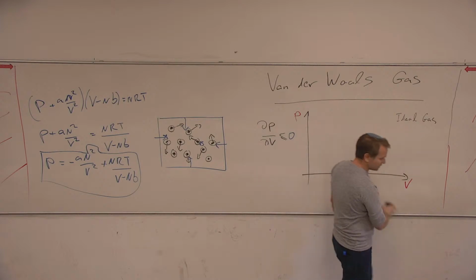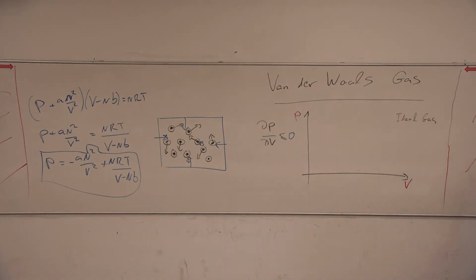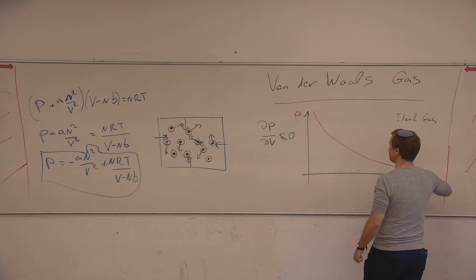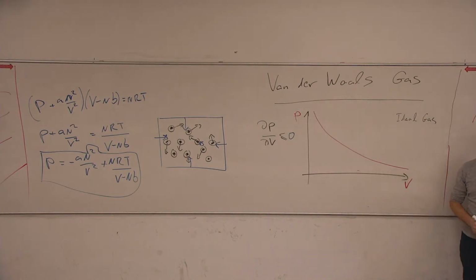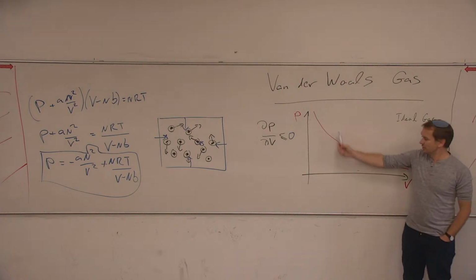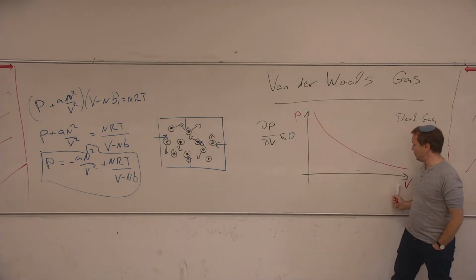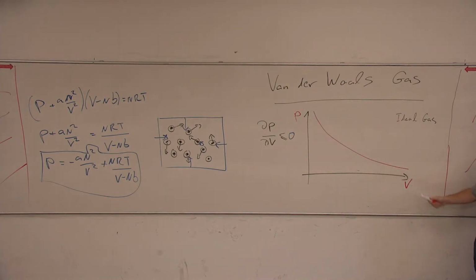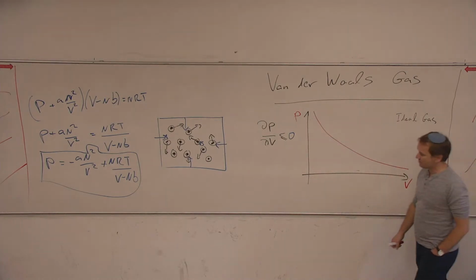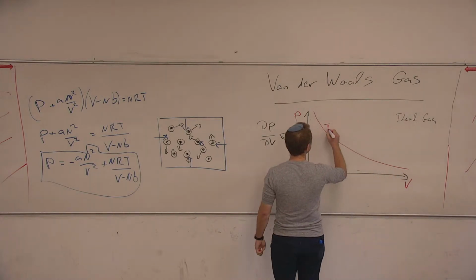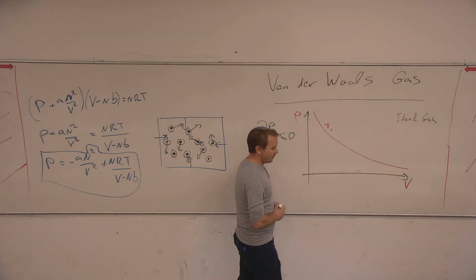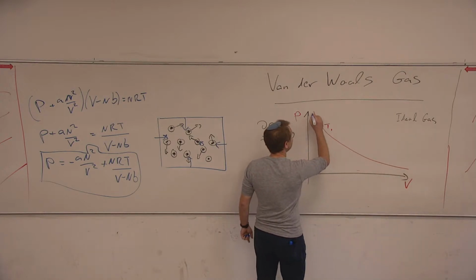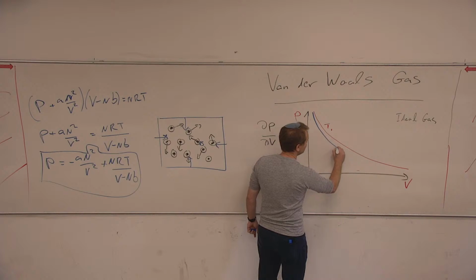Now, if the temperature is high enough, we're still getting this curve, which is gradually decreasing. It diverges as V goes to 0, and it converges to 0 as V goes to infinity. Great, so this is T1. Now, if we decrease our temperature a little bit, let's go to T2, it still looks like that.